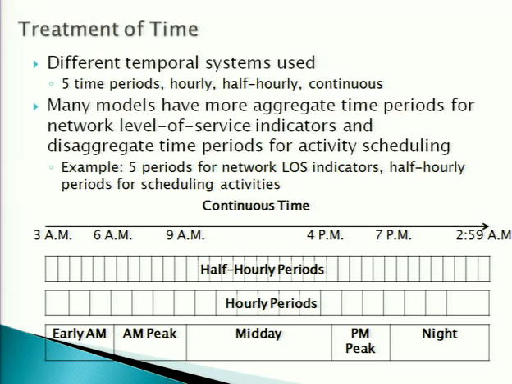In an activity-based model, we will have a time of day model that's going to choose the time to leave for work, the time to return from work, and it's going to look at half-hour windows. So you can model travel from 9:30 to 4:30 and 10 to 5 and 10:30 to 5:30 and all sorts of combinations of half-hour windows.